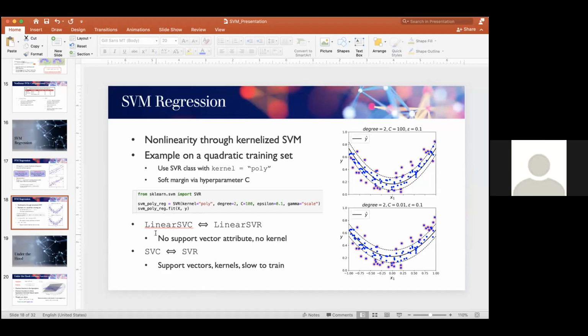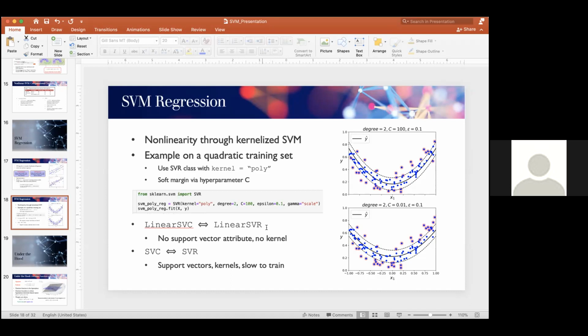Yeah. So the LinearSVC does not compute the support vectors. The implementation itself, as in the class LinearSVC, similar to the LinearSVR class, does not give you support vectors by default.